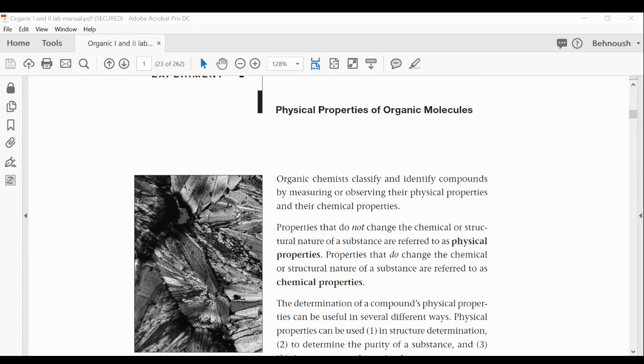Identity of the compound and the purity of our unknown substance. So using physical properties, with a similar idea, let's say you have a fingerprint and the person is unknown, right? The purpose of using a fingerprint is to identify. Okay.